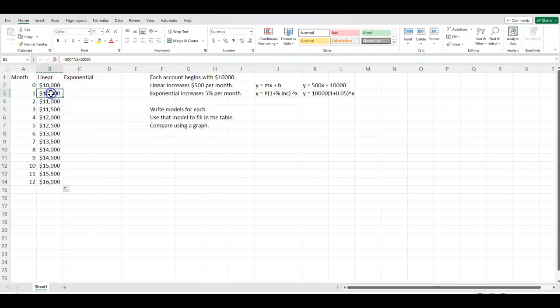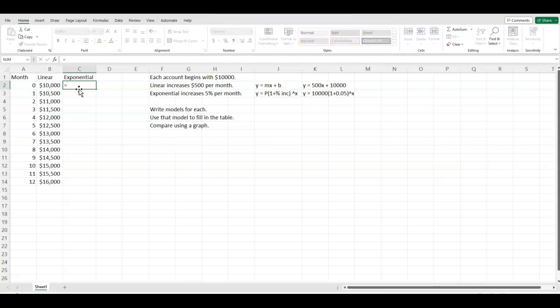For month 1 here in cell B3, when I click on that, you can see up here in the bar that it gives me 500 times A3, because we are now in month 1, plus 10,000. For every one of these, the cell reference just changes to the new cell reference, which updates. So you can see the amount in our account for each month when we have a $500 per month increase. Now let's move on to exponential.